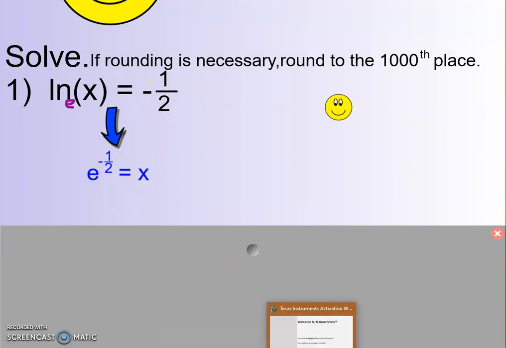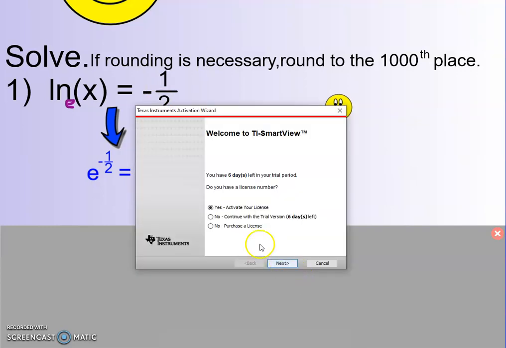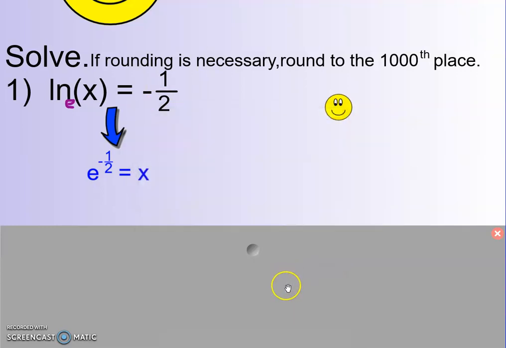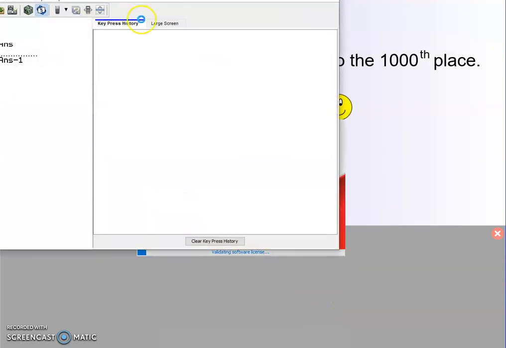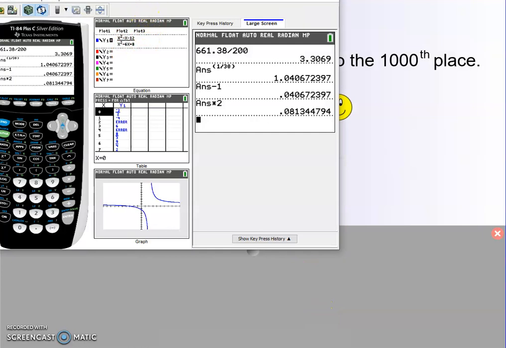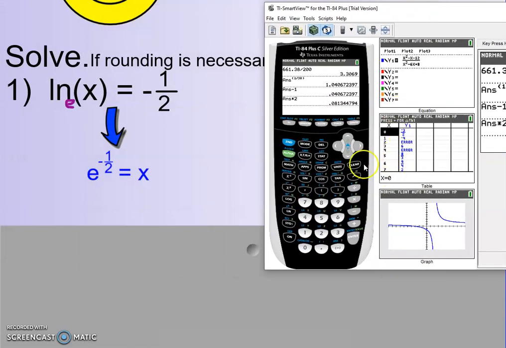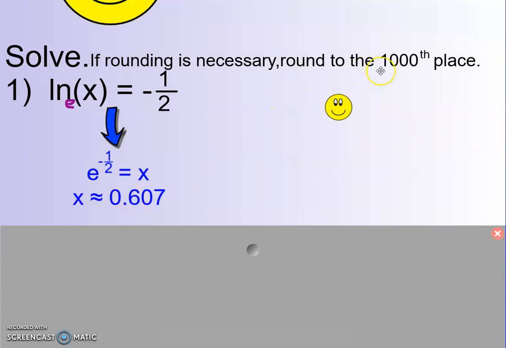And so what I can do is go right over here into my calculator and say, e to the negative 1/2 power is equal to that, and I'll round it to the nearest 1,000th place. It's that simple.